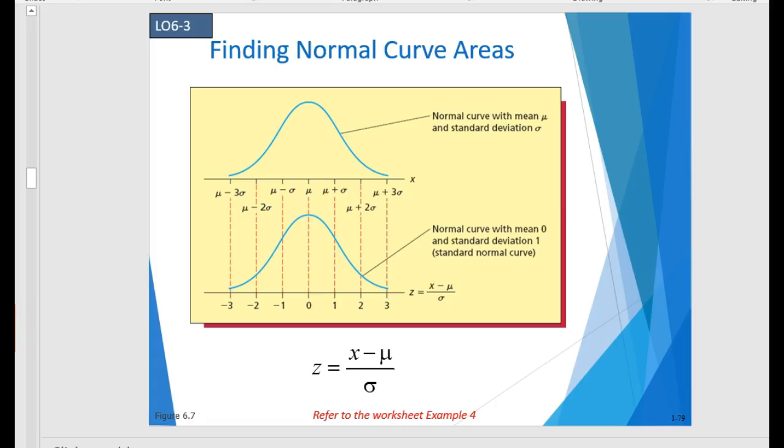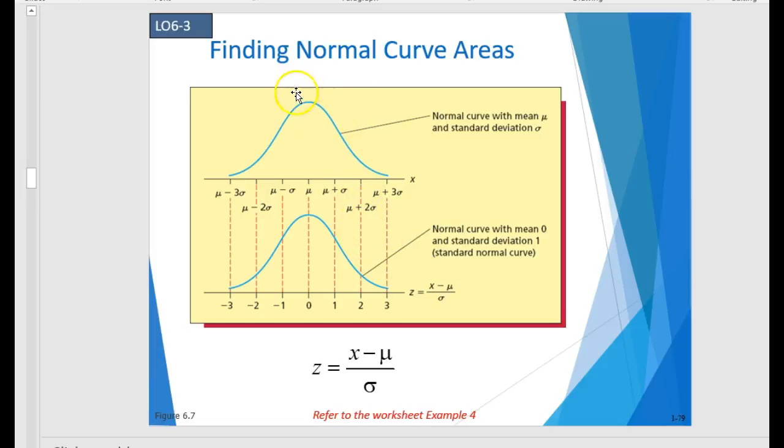And then lastly, this is going to take us to the worksheet. But yeah, this is what a normal curve would look like with a mean of something that we either know or calculate, and a standard deviation of something that we either know or calculate. And then this is showing the translation down into the standard normal curve.